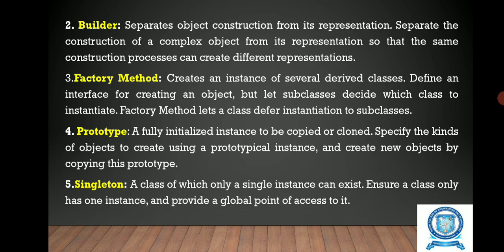About factory method, which creates an instance of several derived classes and defines an interface for creating an object, but lets the subclasses decide which class to instantiate. Factory method lets a class defer instantiation to subclasses.